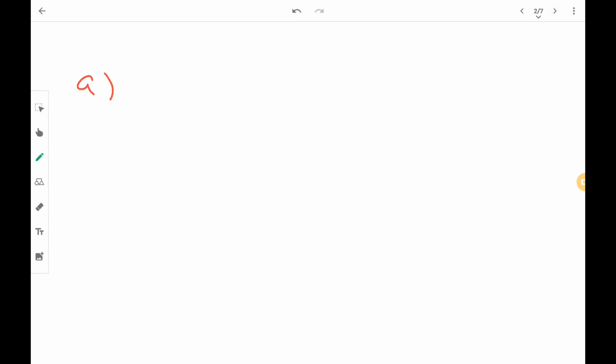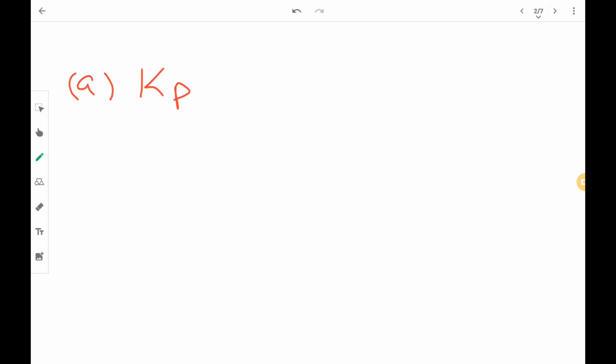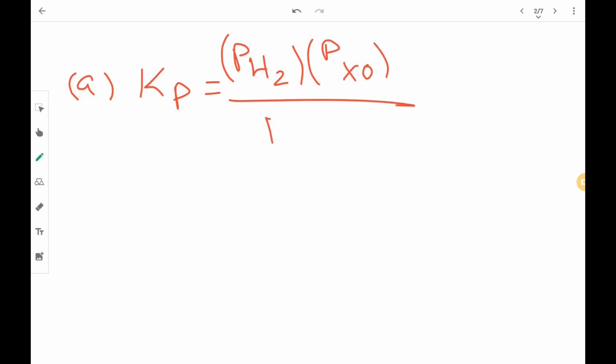Part A, they want you to find the Kp. So if you go back, you have this gas, it's the product over the reactant, and you only take the gaseous molecules, so it will be the partial pressure of H2 multiplied by the partial pressure of XO over the partial pressure of H2O.